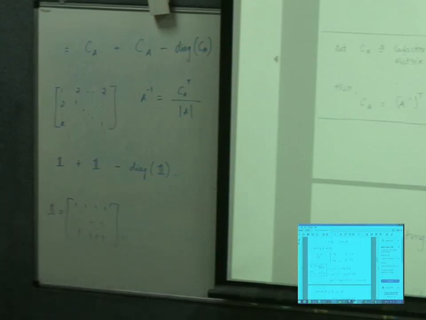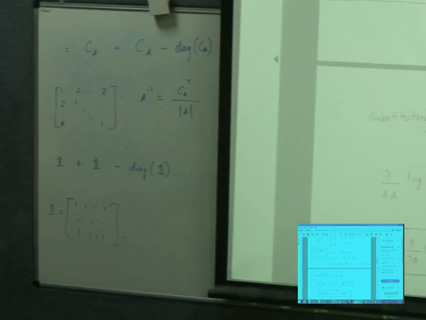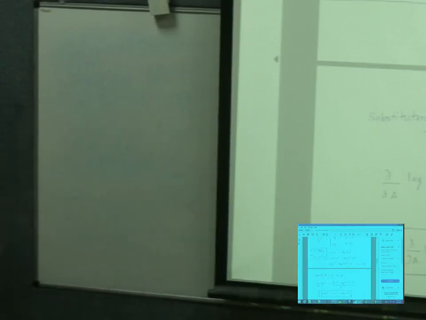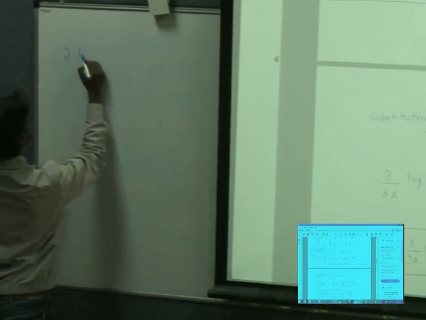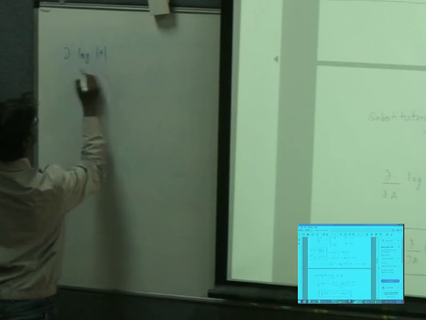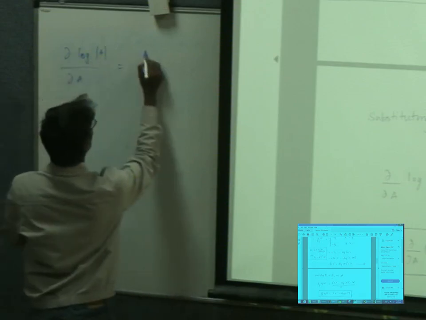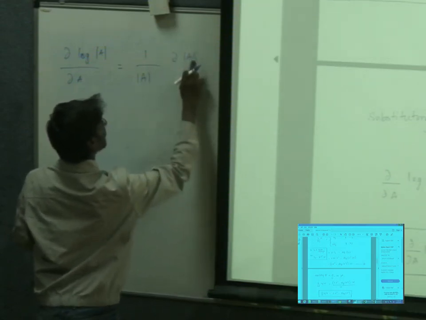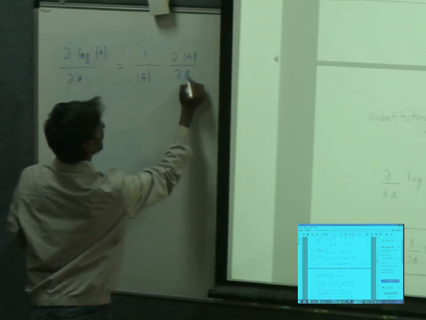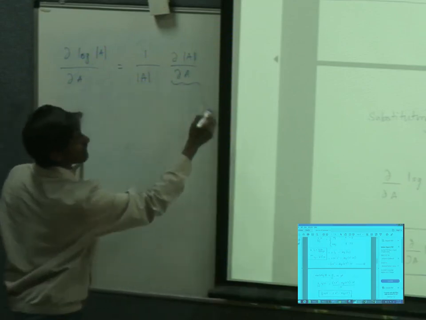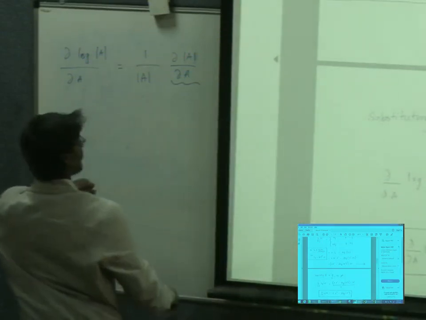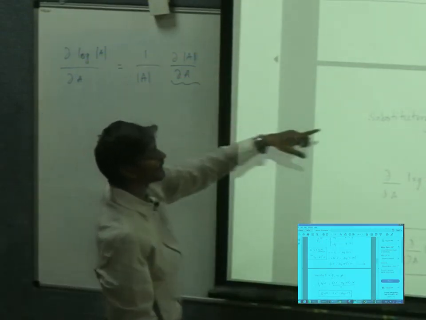So we just substitute this into equation 1, where this is what we were originally interested in, and we found that this is nothing but 2A inverse minus the diagonal of A inverse, into the determinant of A. So there is a determinant in the denominator and 1 in the numerator.